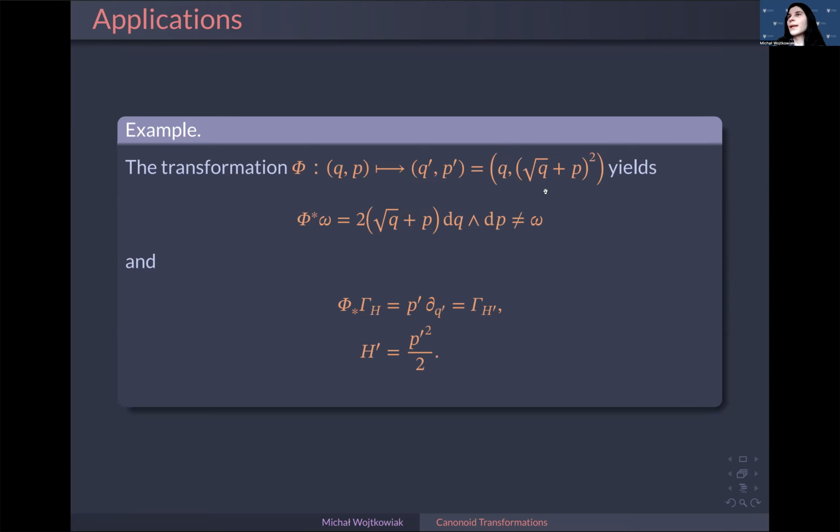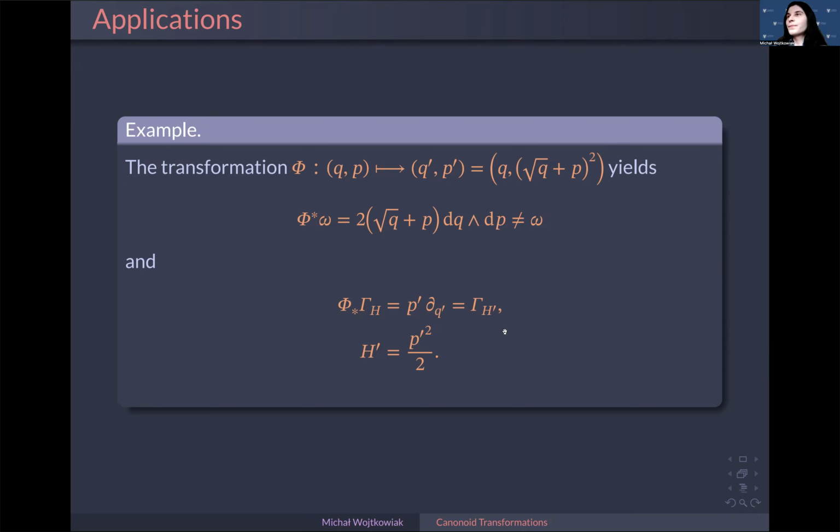But we can use a canonoid transformation of this form. And like I said, this is not canonical. If we pull back the symplectic form, we do not recover the symplectic form on the other side. But if we push forward the Hamiltonian vector field, we get again a Hamiltonian vector field of this form, and a vector field of the form p dq is the Hamiltonian vector field associated with the free particle.